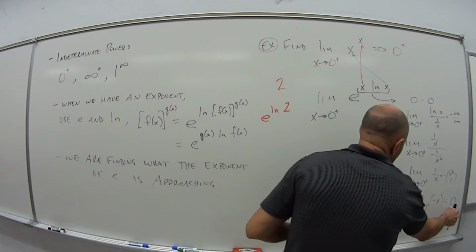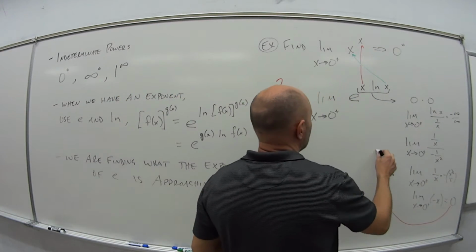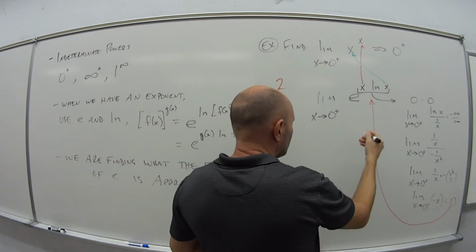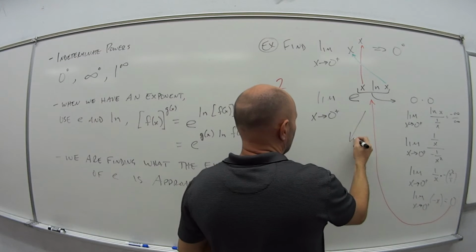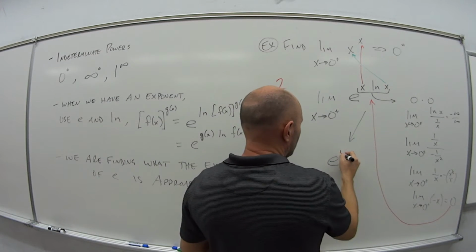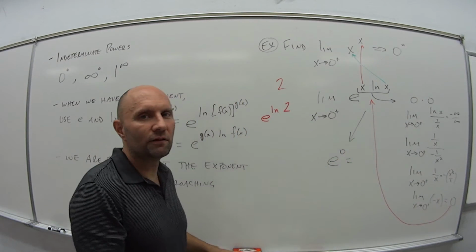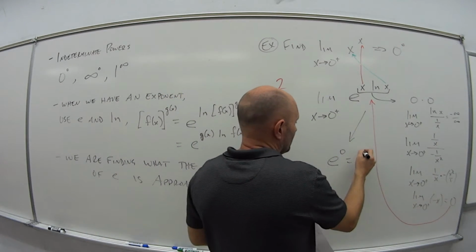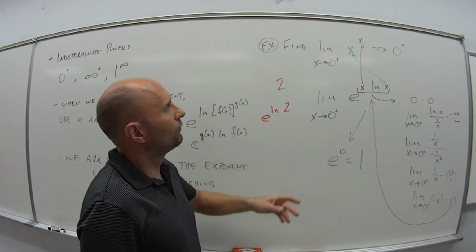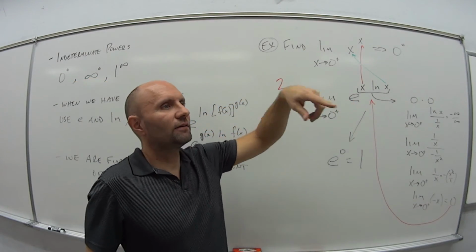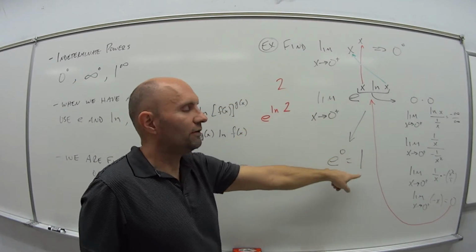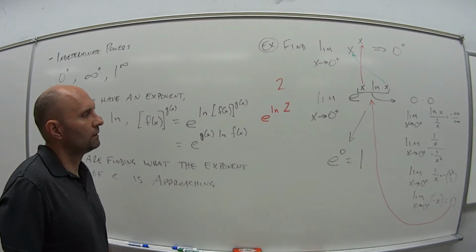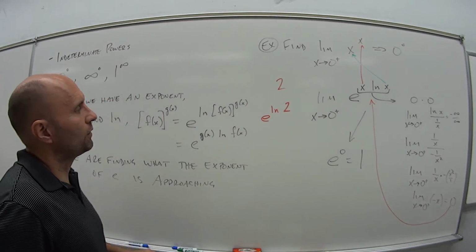So I now need to plug this value back in, and this whole thing is really approaching e to the 0 power. Anything to the 0 power other than 0 is 1. So the limit of x to the x power is equal to 1. That's the answer for that one.